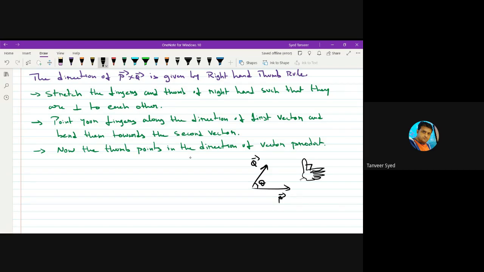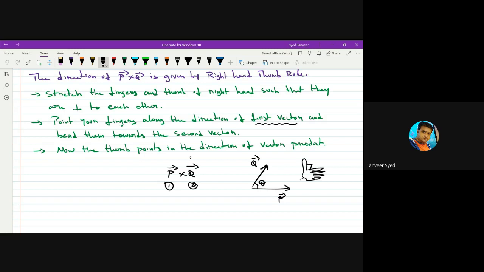Now place your fingers along the direction of the first vector. First vector means, what are we trying to do here? We are trying to do P cross Q. Then P will be the first vector, Q is the second vector. Point your fingers so that they are along the direction of the first vector, vector P. Then your thumb must always be perpendicular to your forefingers.